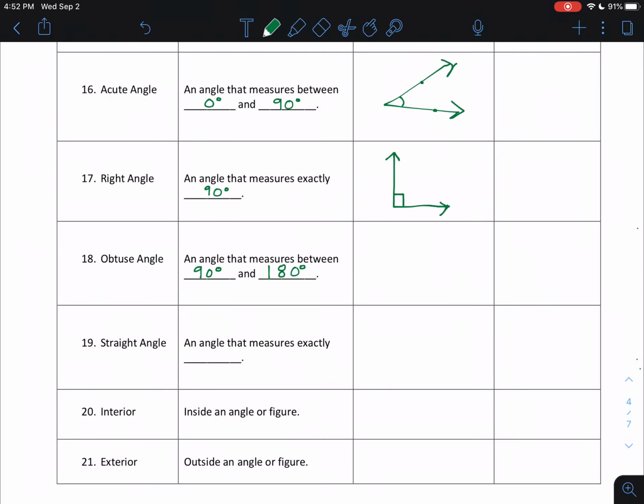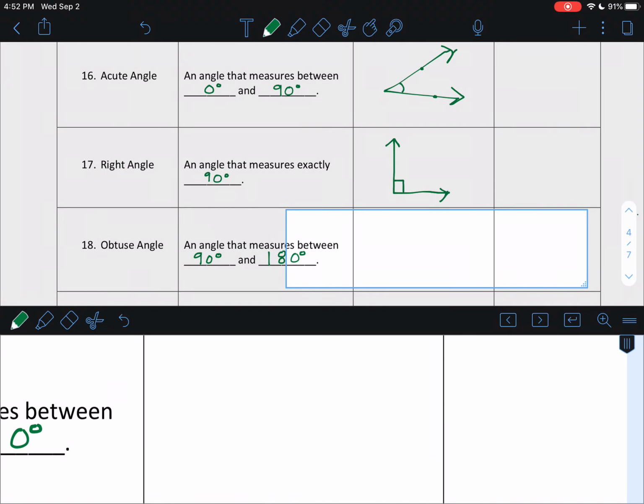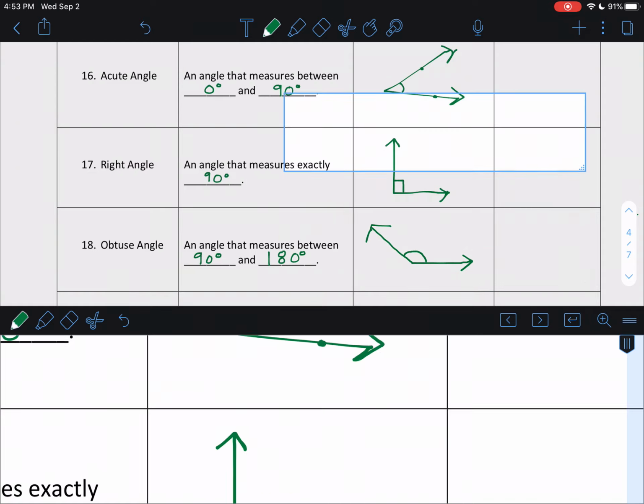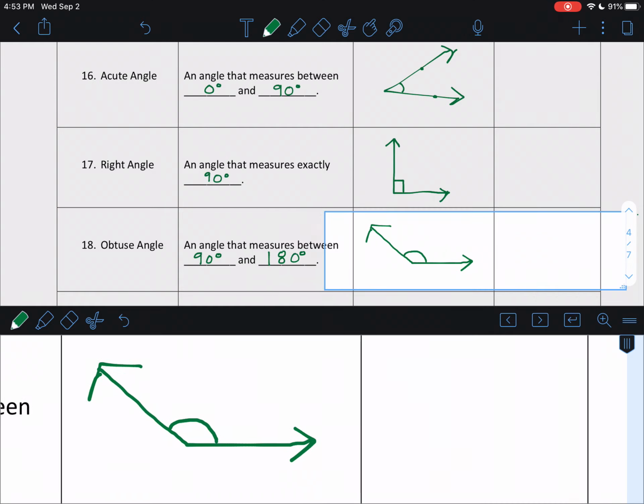So an obtuse angle is going to look like this, a pretty wide angle. And it has still the curved thing, just like the acute angle. The only one that's going to have the square is a right angle. So if it is exactly 90 degrees, it'll have the little square. And again, there's no real proper way to name this. You would just name it the same way you would name any other angle.